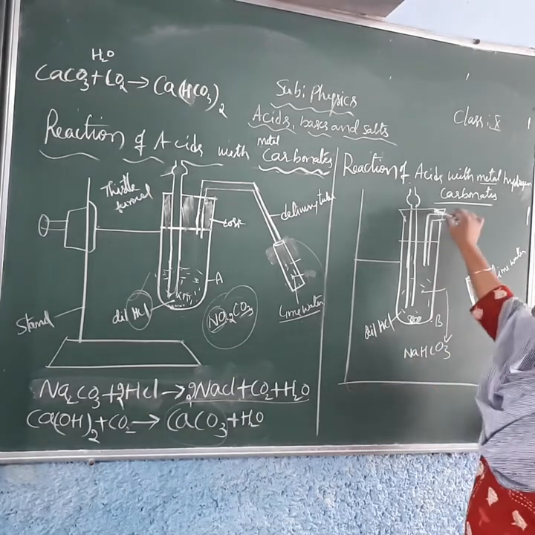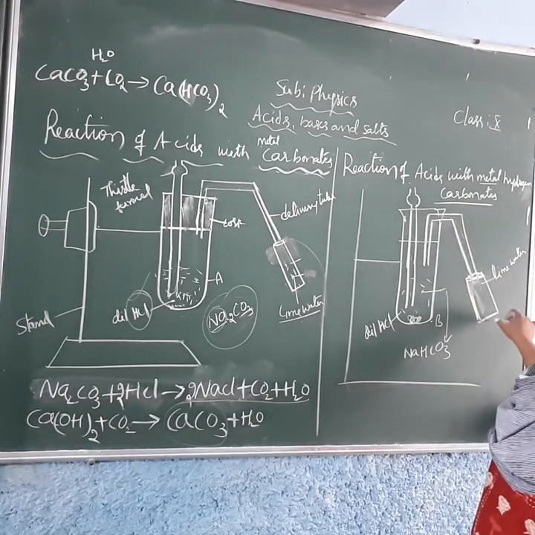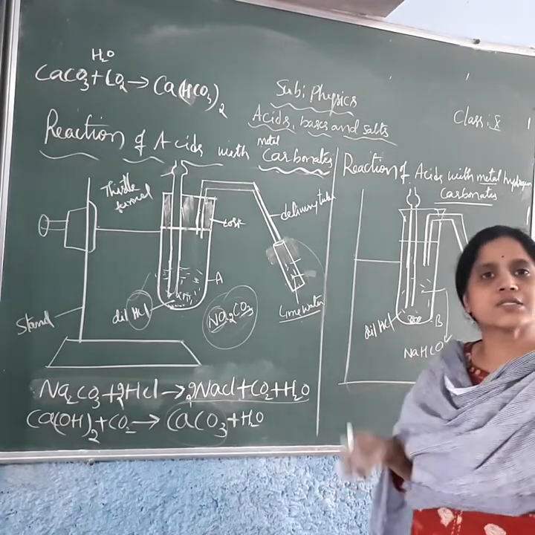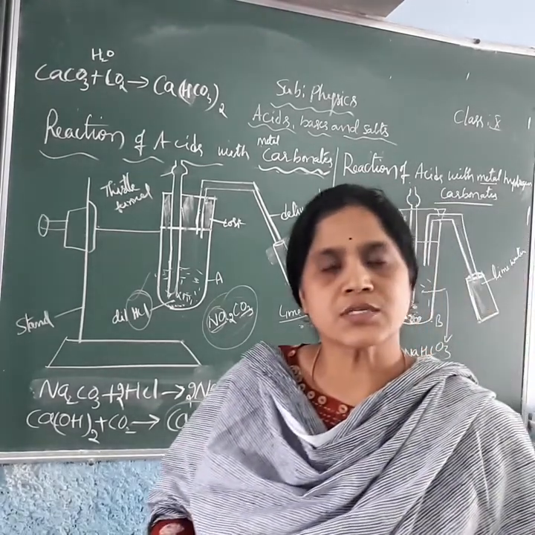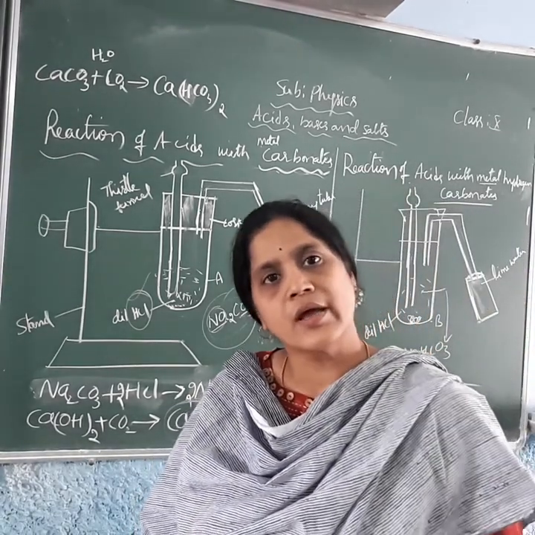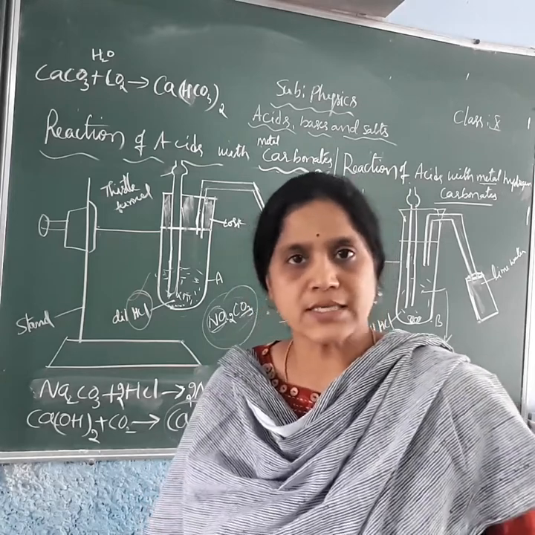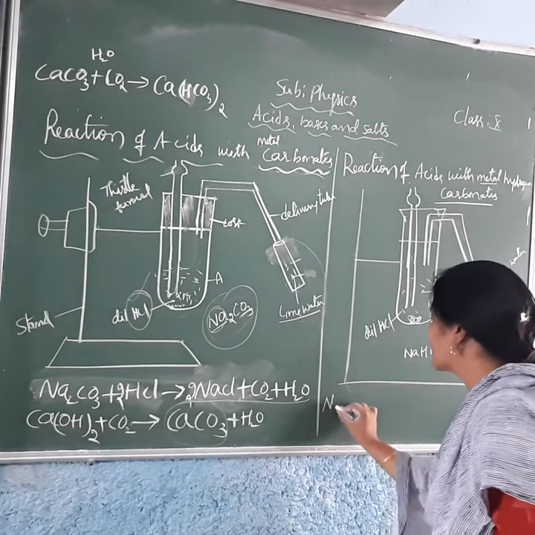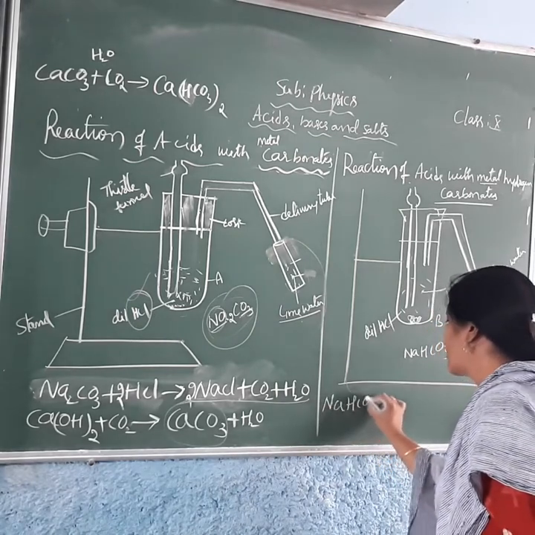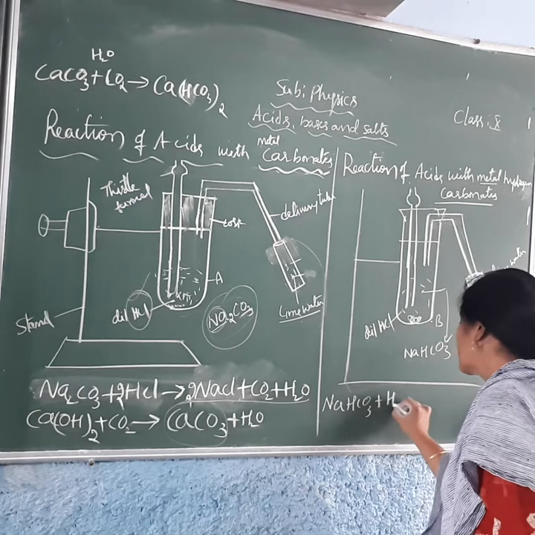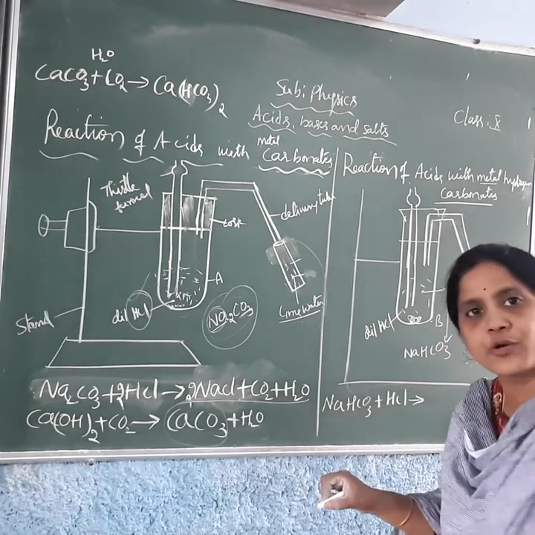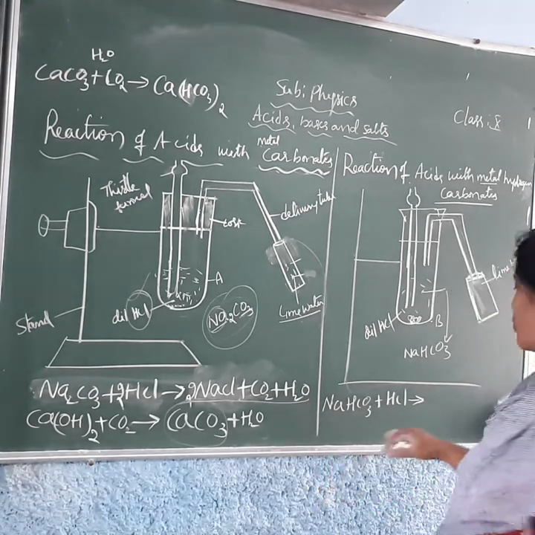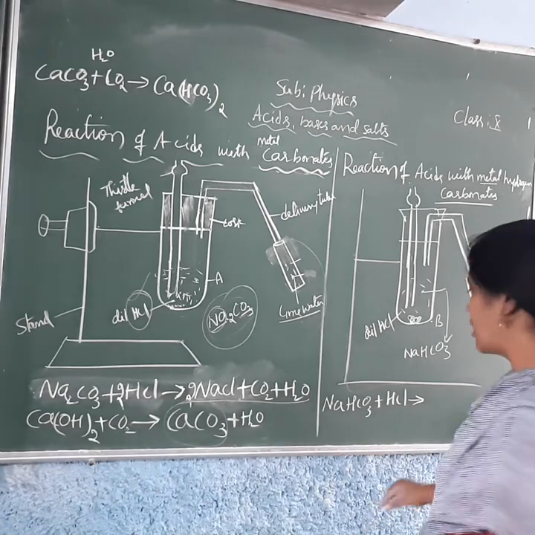Which gas turns it milky? Definitely carbon dioxide. So once again, metal hydrogen carbonates, when they react with acids, produce carbon dioxide, water and salts.